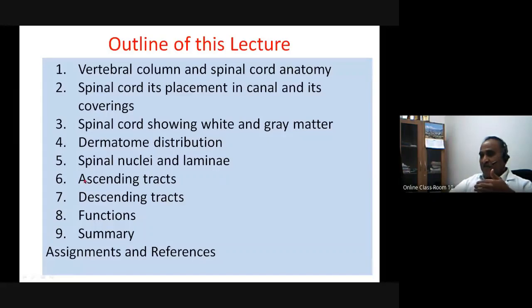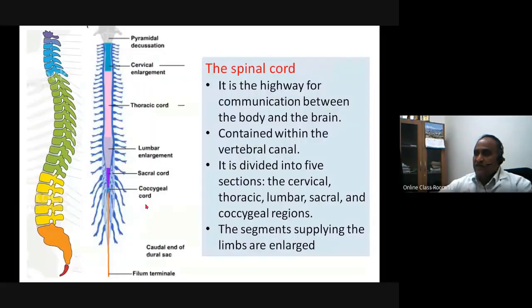Then I talk briefly on the ascending tracts and the descending tracts, and I will talk about the functions of the spinal cord. Here I give quite a good amount of information about the functions. Then I summarize and provide you the assignment and references. This is my plan of lecture. Now we start with the anatomy.